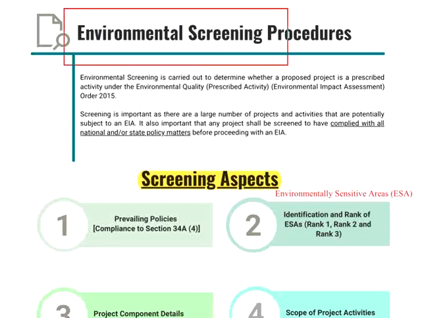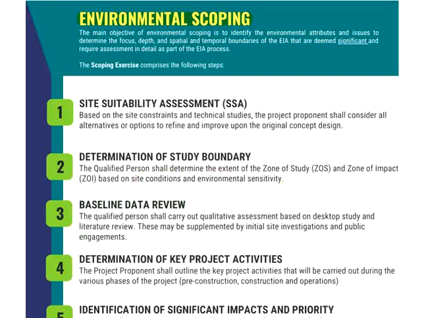After environmental screening, the following step will be environmental scoping. The purpose of environmental scoping is to identify the key environmental issues to be studied during the environmental impact assessment, as there may be a lot of potential environmental issues, some of which will be relatively significant, while others can be negligible.